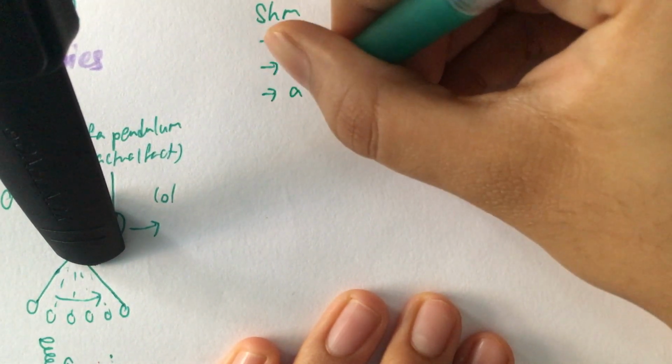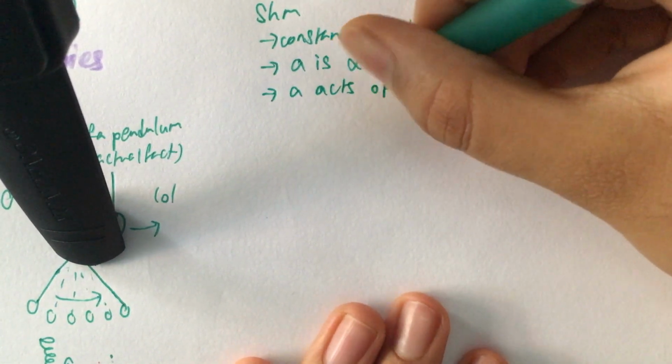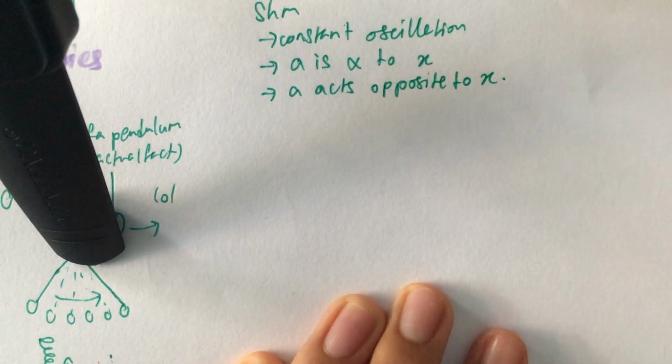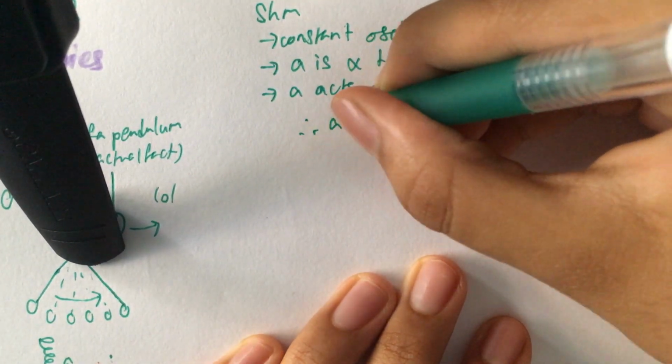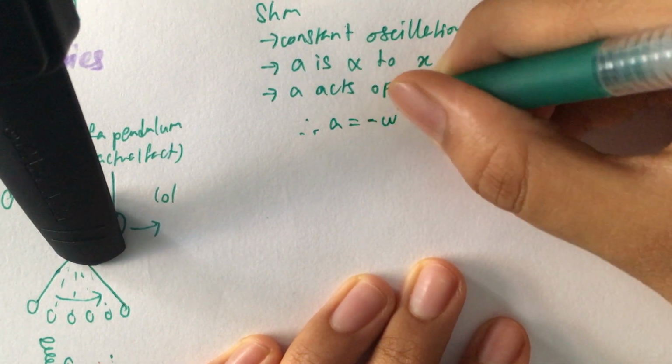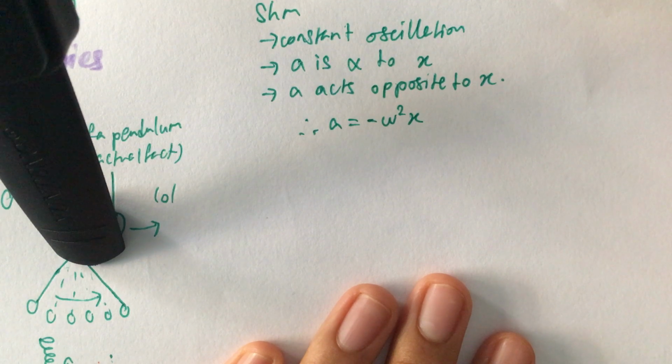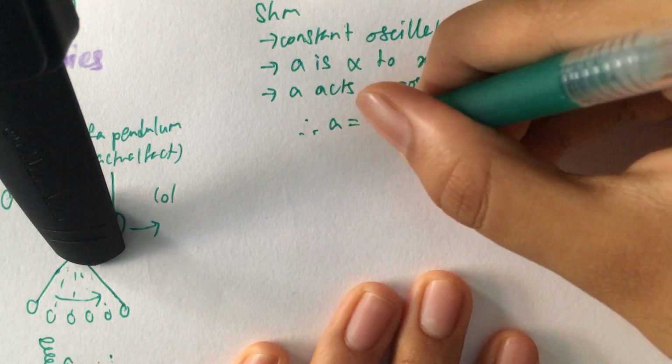The negative represents the opposite direction of the acceleration, and the proportionality is obvious because w squared is always constant. Oh yeah, w is actually 2 pi over t. I'm so sorry, 2 pi over t.